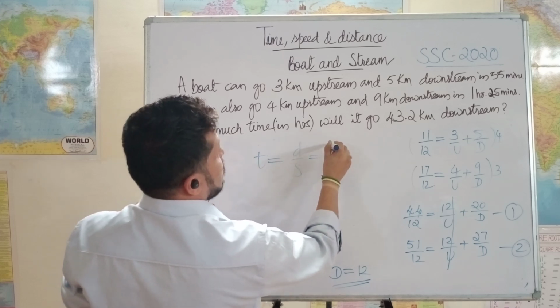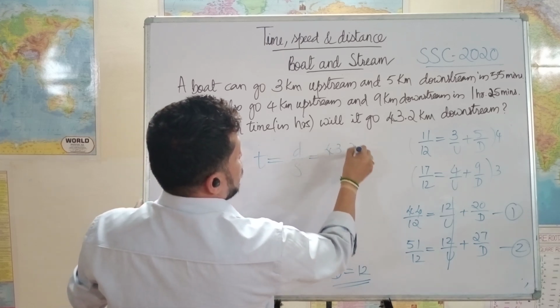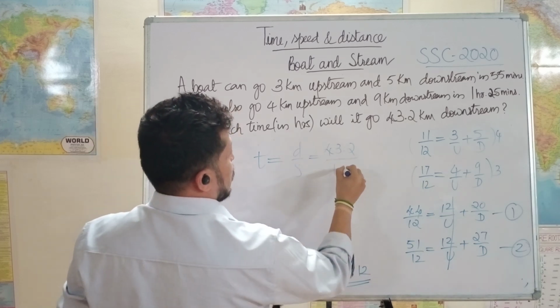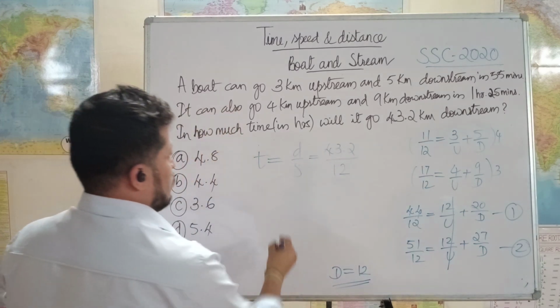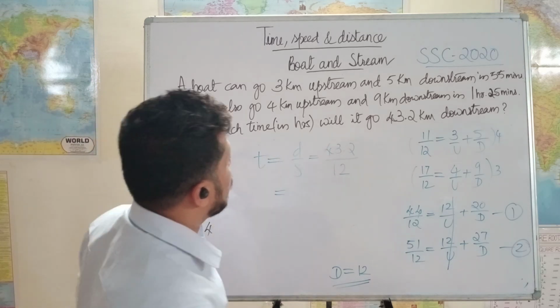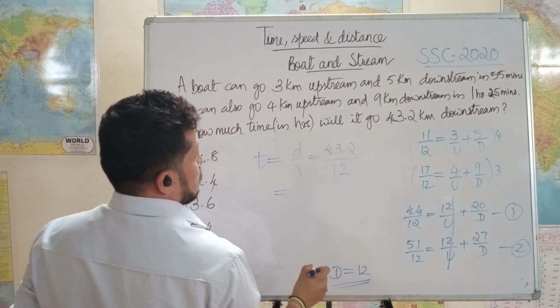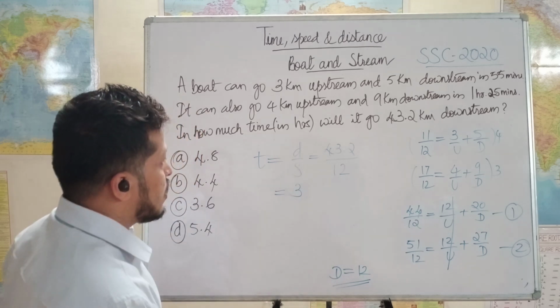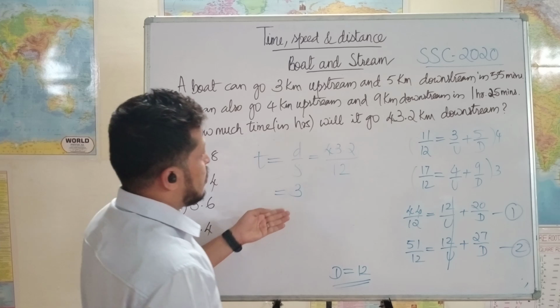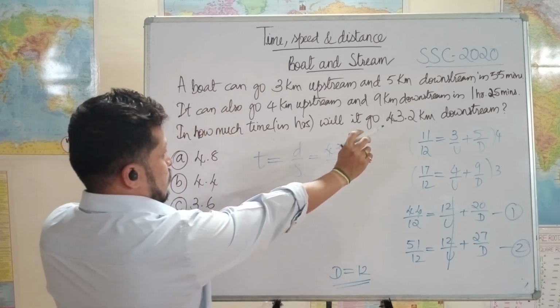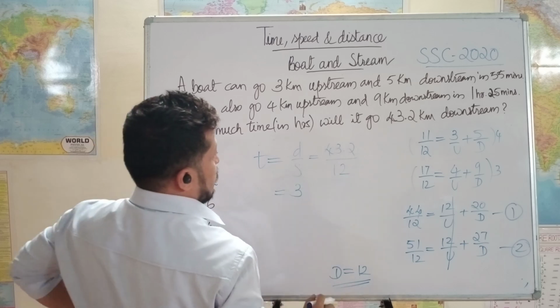What is the distance we need to travel? 43.2 divided by speed, the downstream speed, which is 12. 12 3s are 36, and I have another 36, 72.